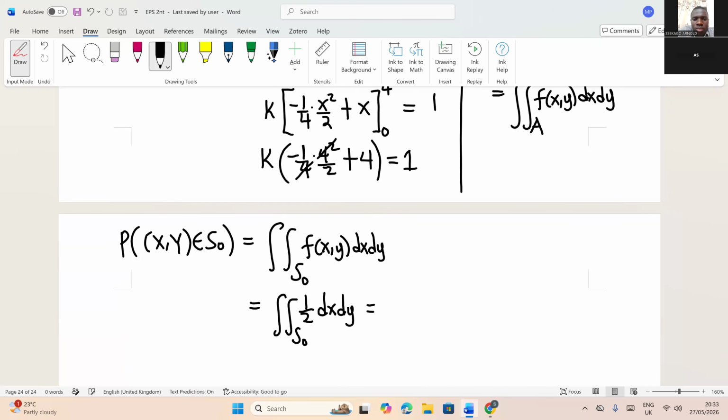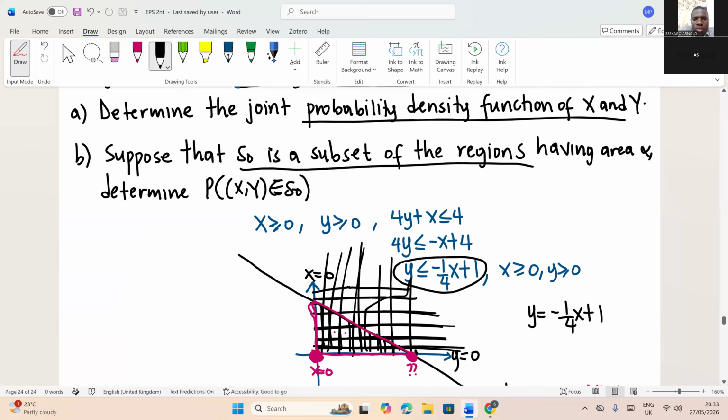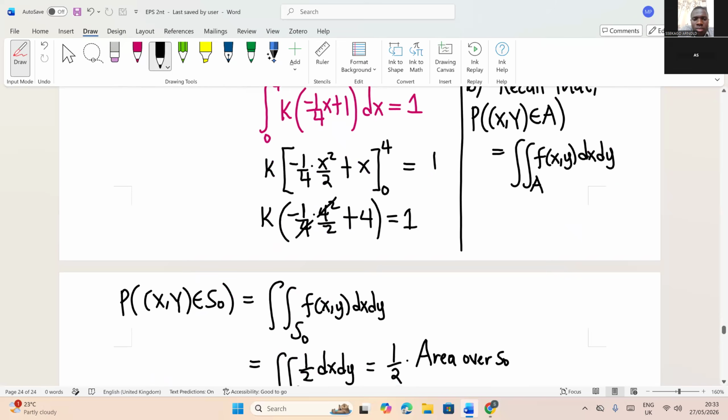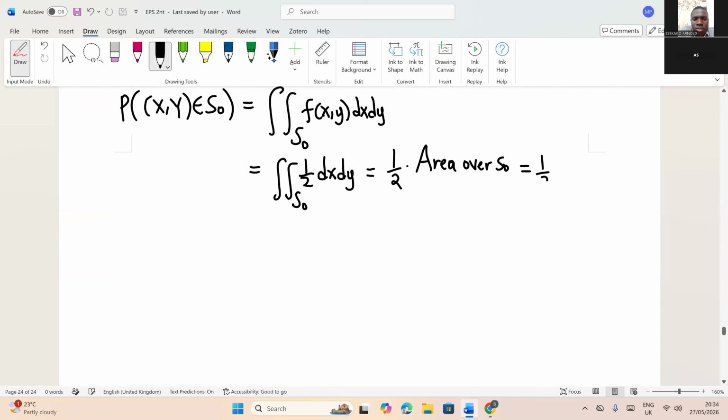Therefore, this is the same as having a half times the area over S naught. What is the area over S naught? It was provided as alpha. So this is equal to a half alpha, as simple as that.